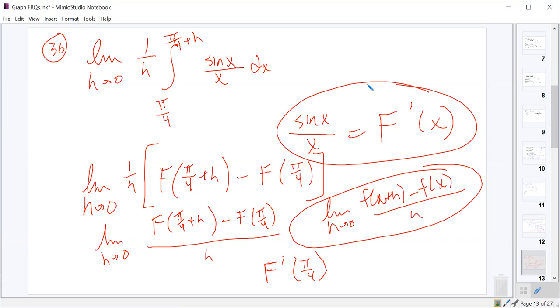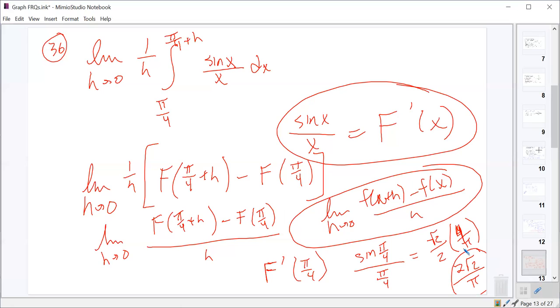Well, F prime was sine x over x, so this is the sine of pi over 4 over pi over 4, which is root 2 over 2, divided by pi over 4, or multiplied by 4 over pi, which would be 2 root 2 over pi.